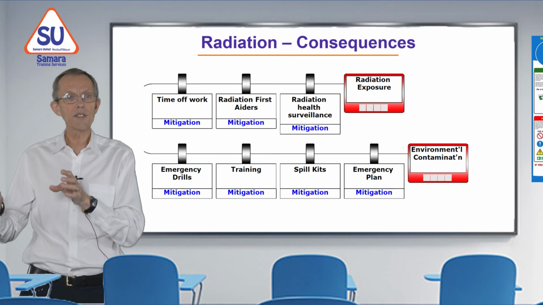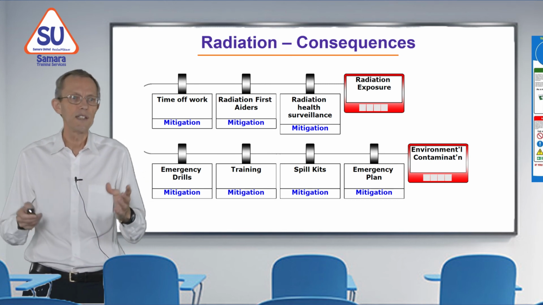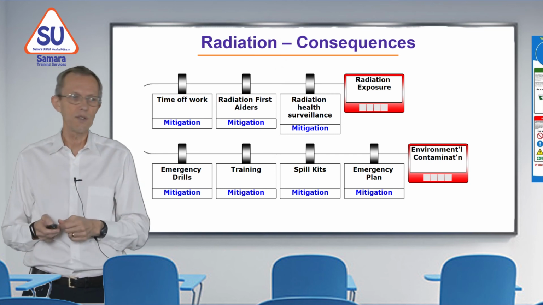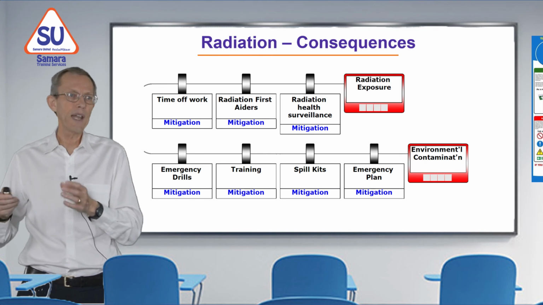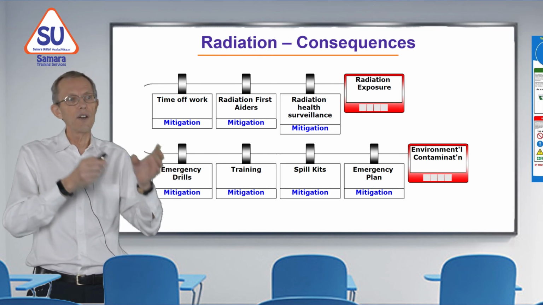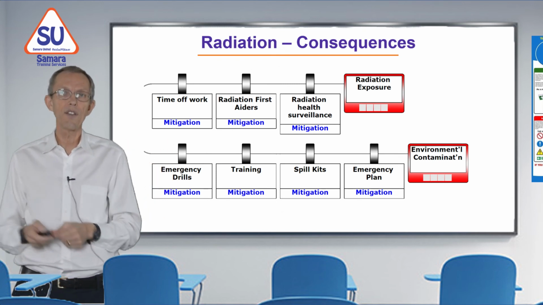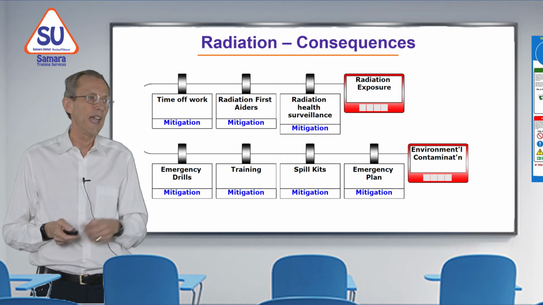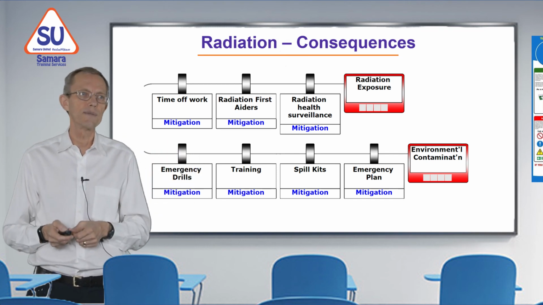And then on the environmental contamination, we have the emergency plan. We're ready and able to manage the situation. We have the spill kits, we have the equipment to put the plan in place. We have training. The training is ready. People are trained to use the spill kits and carry out the emergency plan. And we have drills, so we practice and we know that we can do it.